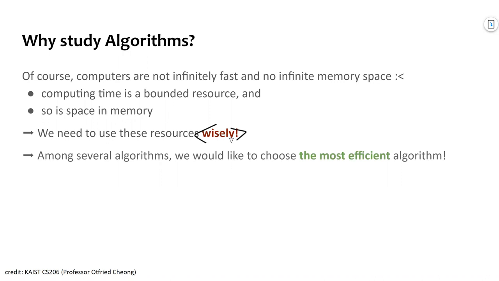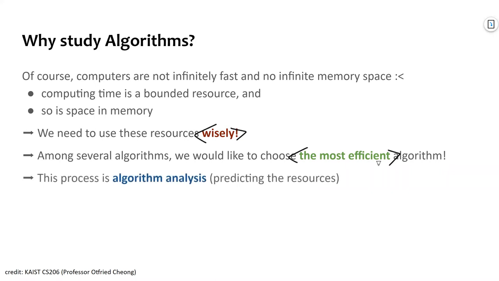And among several algorithms, we would like to choose the most efficient algorithm. Of course, we want to do this. And this process, choosing the most efficient algorithm, is called algorithm analysis. Basically, we are predicting the resources, space or time.